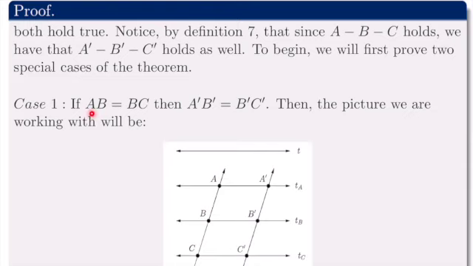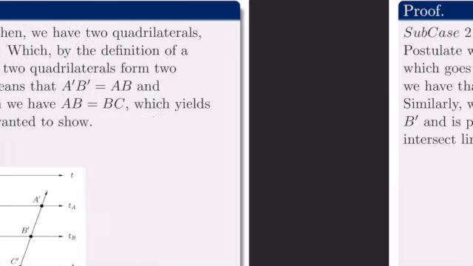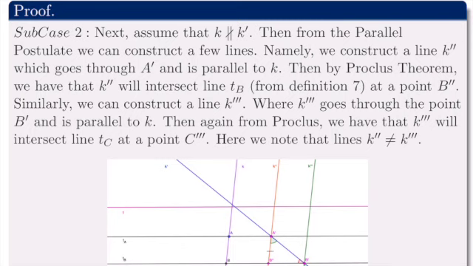So we have the distance between A and B is equal to B and C, which implies the distance between A prime and B prime is equal to B prime and C prime, which is in fact what we just got. So subcase 1 is done. Now subcase 2 actually gets a little bit more interesting, per se.